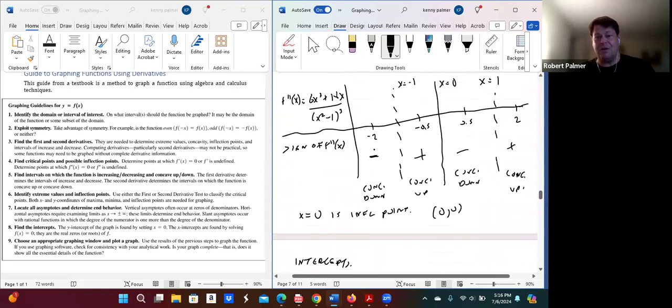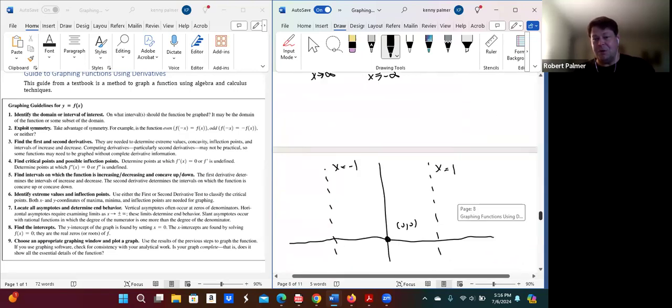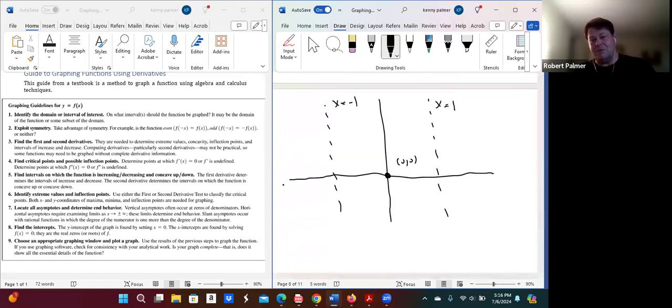Concavity was down over here. So this side of -1, it was concave down, all right? And we know it's got to follow the asymptote. So it looks something like this. So far away from 0, it goes to 0. And remember, there's no x-intercept over here, so it stays below the x-axis. You know, it's going to follow the asymptote. It's concave down. It looks something like that.